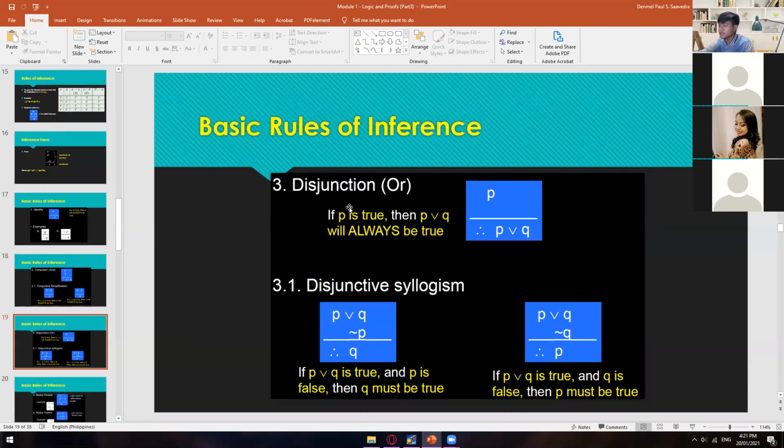So next we have here disjunction. As you can see right here, this one is P. And then we could say that this P is concluded as P or Q. This will not change the result, regardless of the value of Q, because in OR, if there is one true, then the entire result is already true.